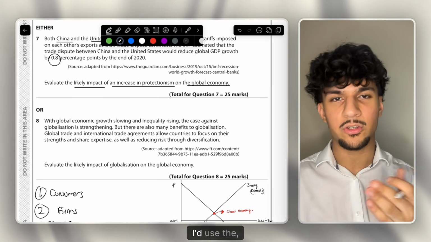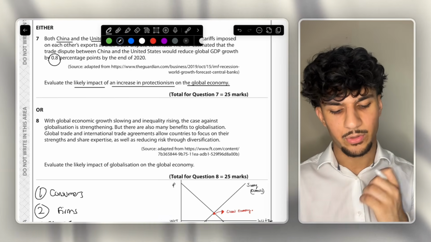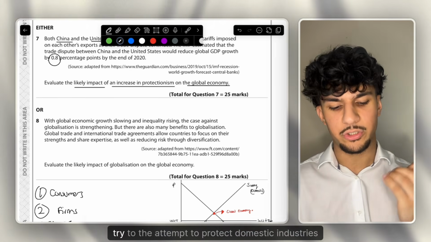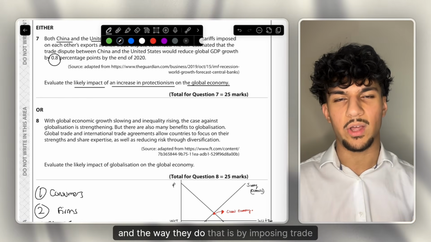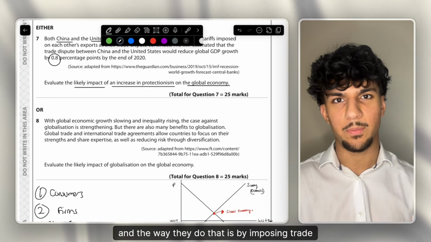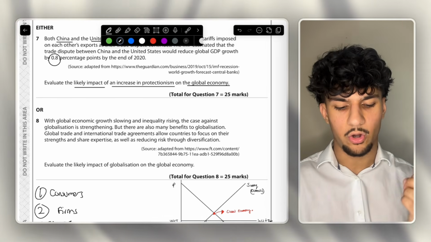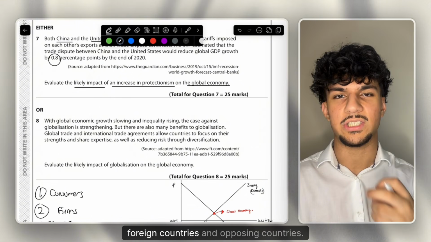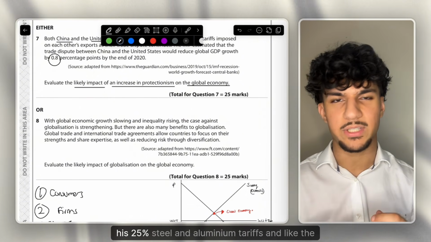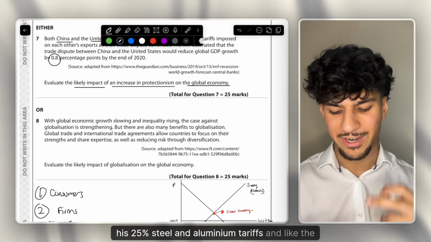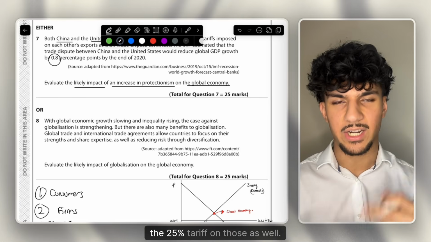So I'd actually use that applied example. I would explain protectionism, which is where governments attempt to protect domestic industries, and the way they do that is by imposing trade barriers such as tariffs, quotas, and other measures on foreign countries. And this is the exact reason why Donald Trump set his 25% steel and aluminium tariffs, and the 25% tariff on car imports and car engines as well.